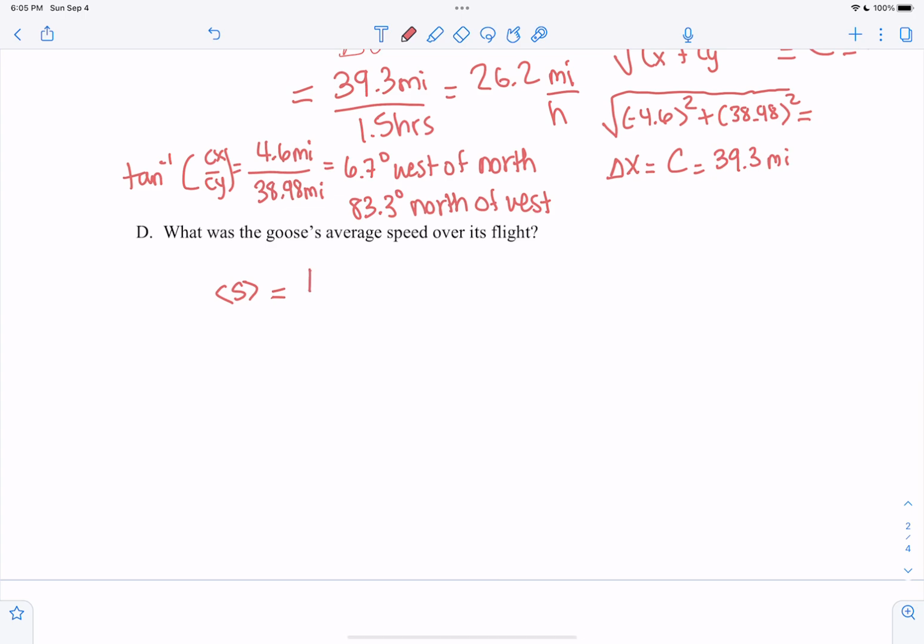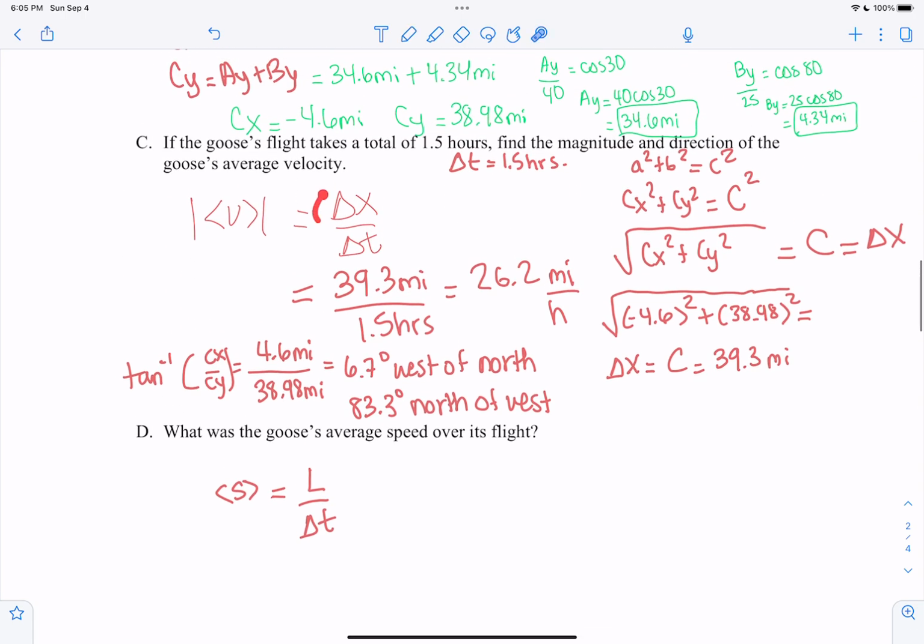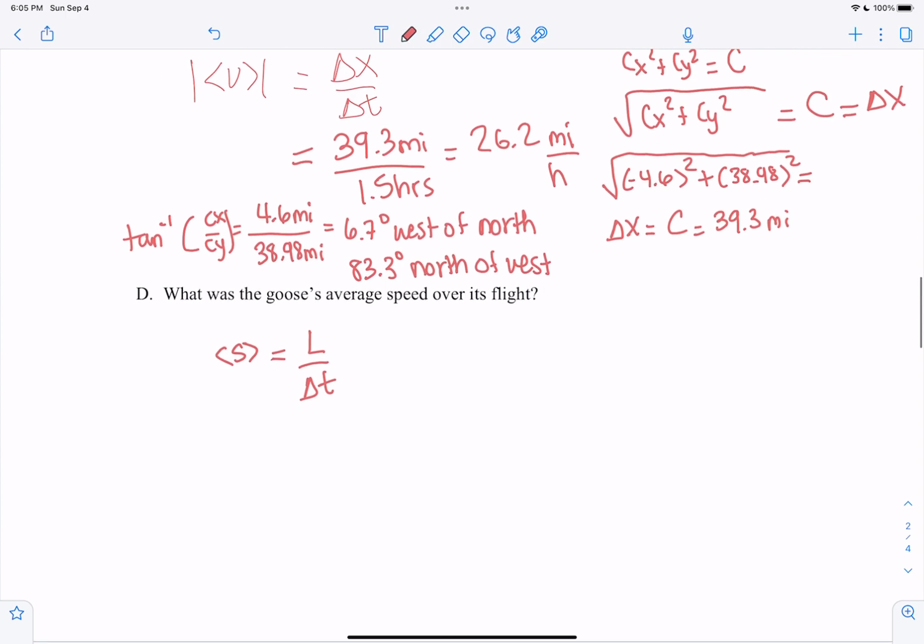So sometimes we'll put L, as in path length, over time, or you can do a little d over t. It doesn't really matter how you portray it, as long as you don't put a delta x, because delta x is indicative of displacement. So yeah, L or d over delta t, right? Total distance over total time.